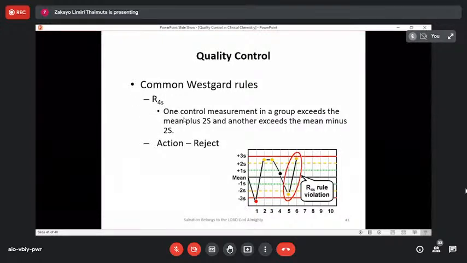R4S: a group of controls, right? And those controls are exceeding 2 standard deviations, there's a 4 standard deviation range cumulatively. You reject the results.